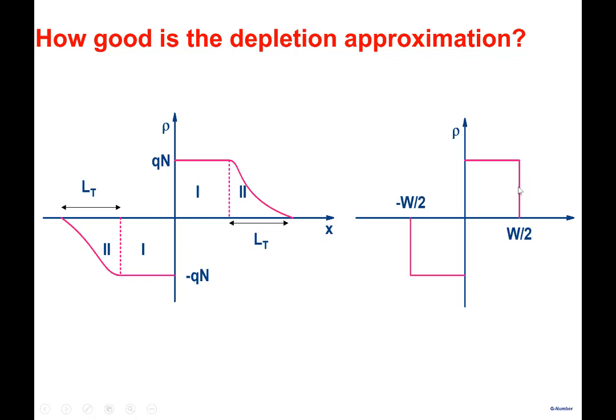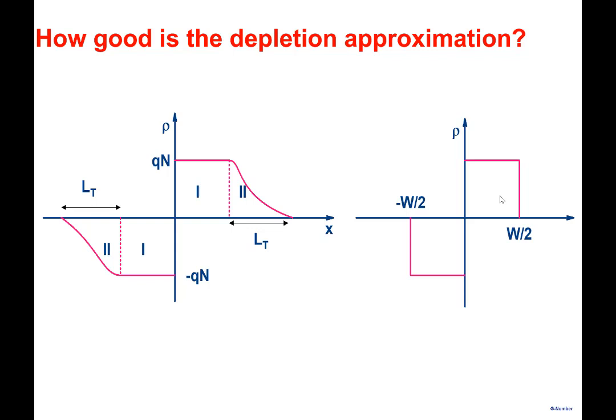And this is the approximation. So the actual space charge region has a part which is relatively constant and a part which decays to 0 here. As I said, the boundary is not abrupt. It's gradual.